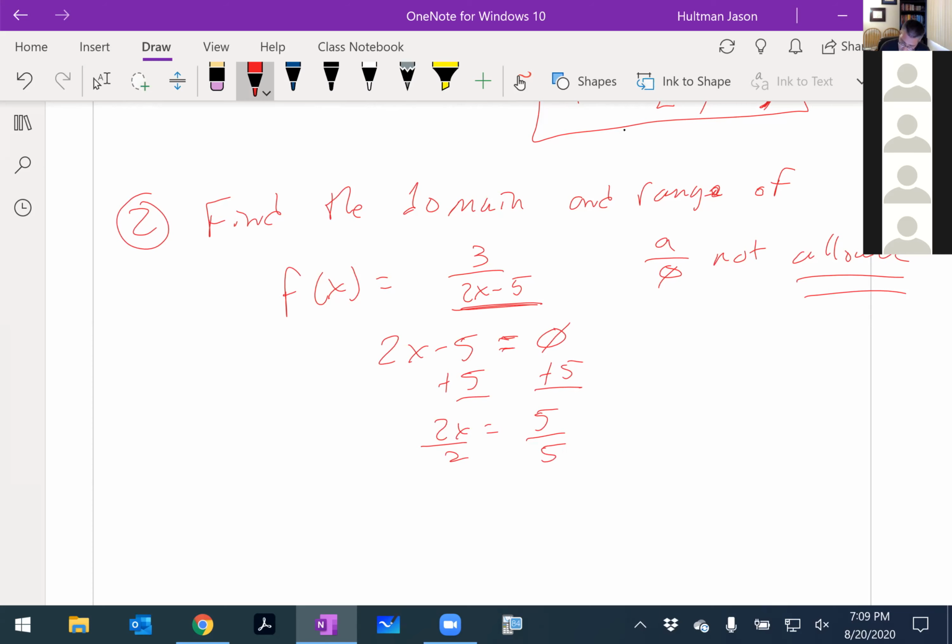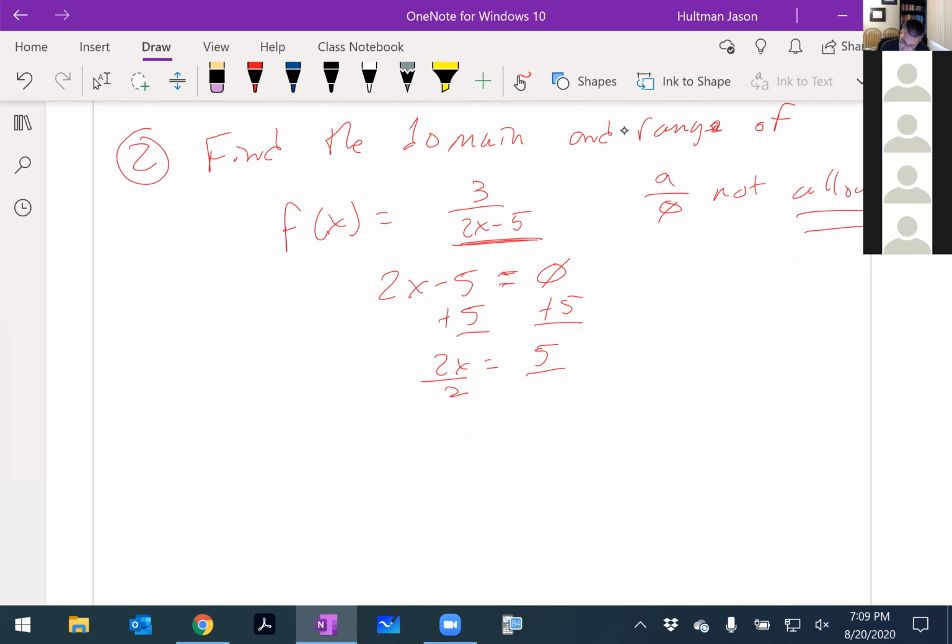Cut 5 in half, and x equals 2.5. So x cannot equal 2.5. It's not allowed. Since the denominator cannot equal 0, x cannot equal 2.5.